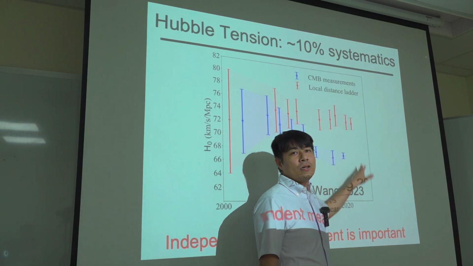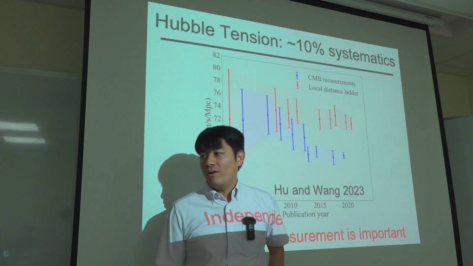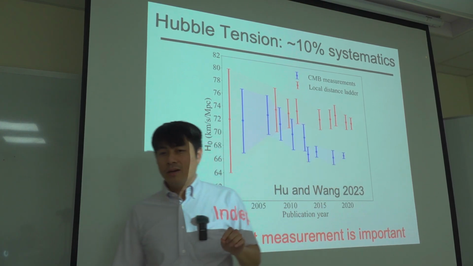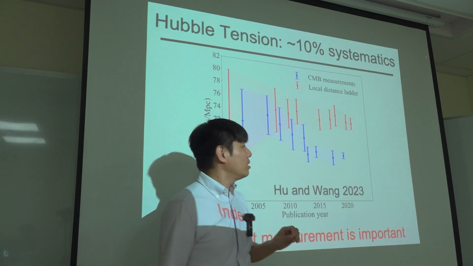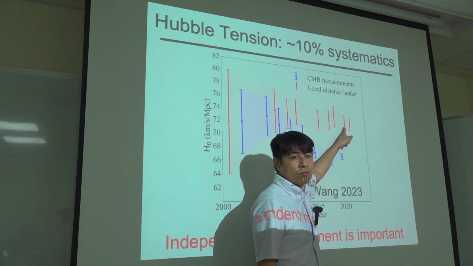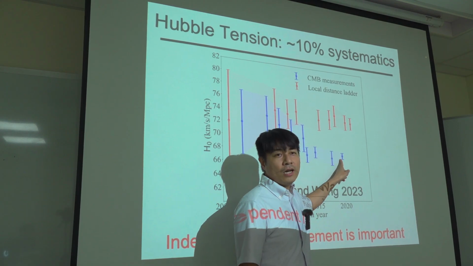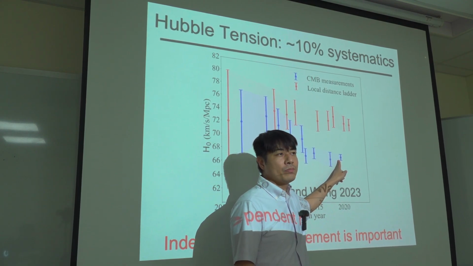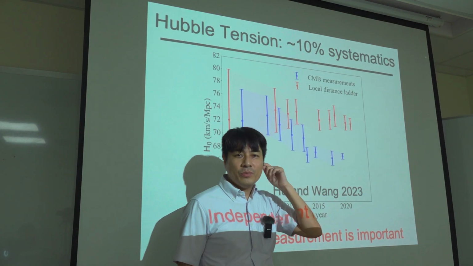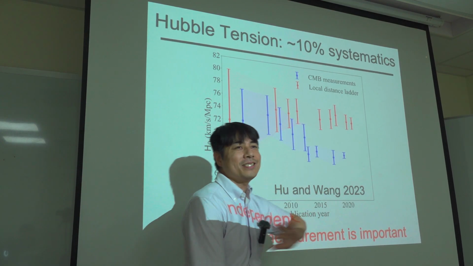And this is not just a difference between methods. This may be a very fundamental question, because this is a direct method and this is assuming lambda CDM. What's wrong? I don't know which is the case.